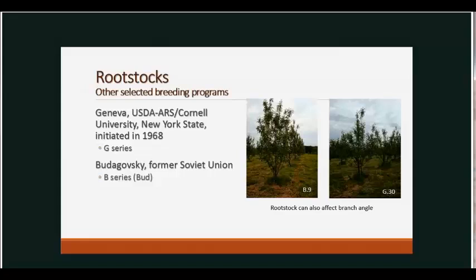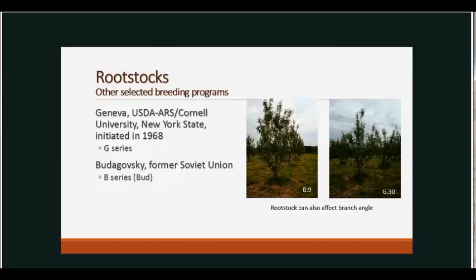And so you can see in the right-hand picture, this is a G30 rootstock. There's another breeding program in what would be called the former Soviet Union, and they have the Budgovsky series, or the Bud series, or B, and so they have a B in front of all their names. And so you can see a picture of an apple tree grafted onto a B9 rootstock in the left-hand picture.